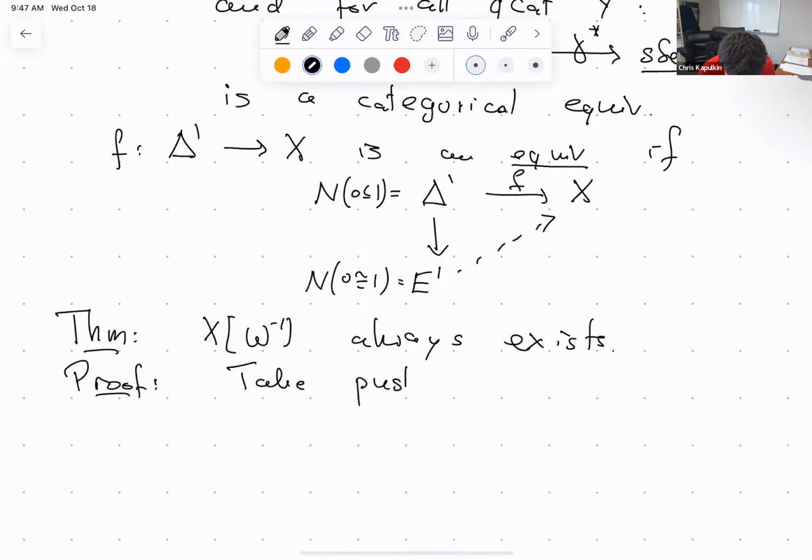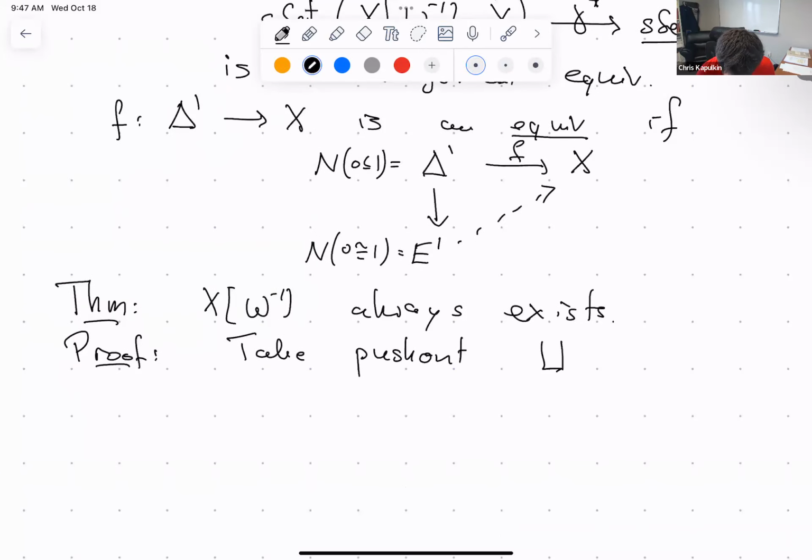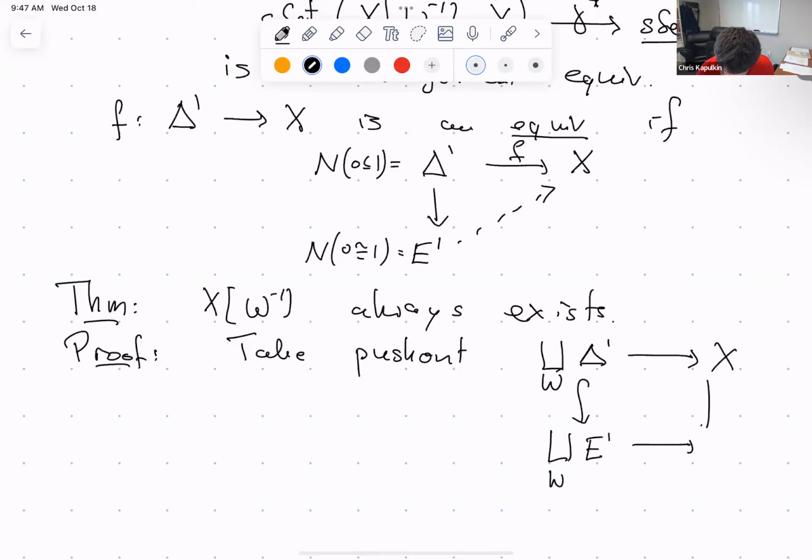We take a pushout. We have those delta 1s that mark our W in X, and we embed those into E1s, and we take the pushout. That should be our localization. And pushouts of simplicial sets, pushouts of presheaf categories are very easy, so there's actually nothing left to do. We're good, right?